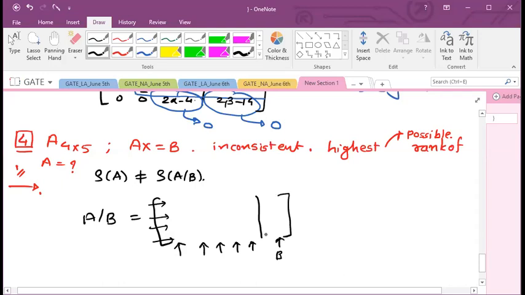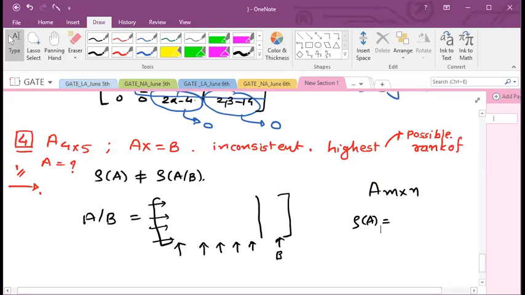Okay, sure. So first tell me what should be the rank of A. If A is any matrix M by N, so what is its possible rank? I have given you one property of rank based on its order.